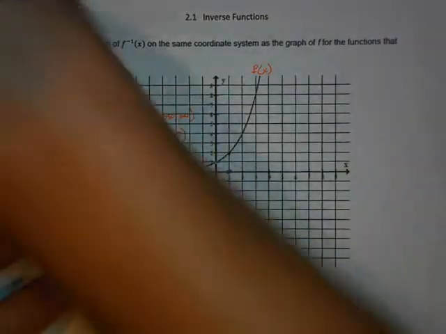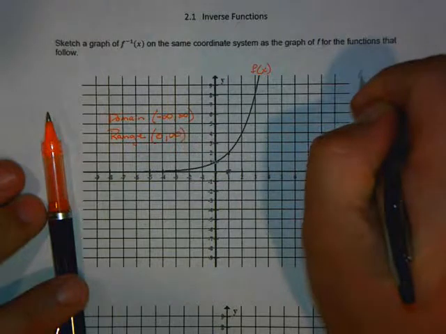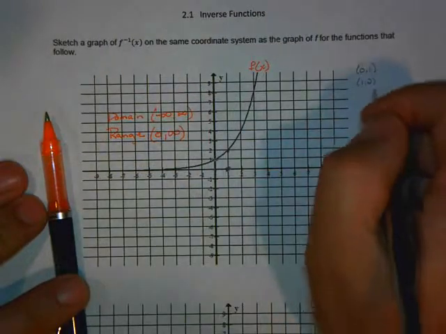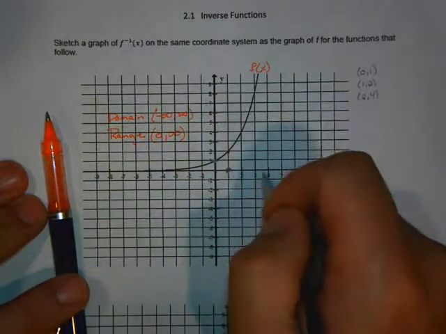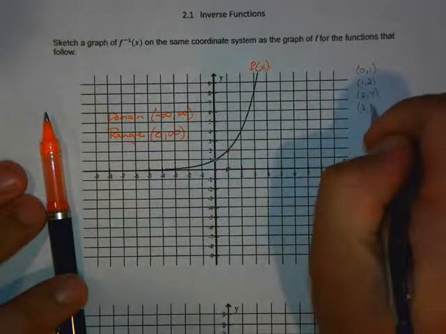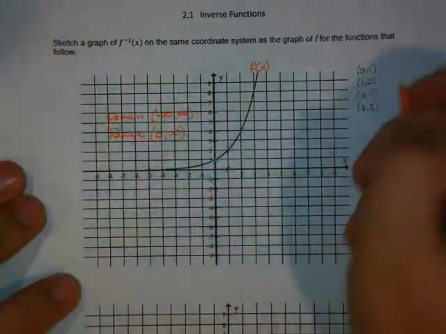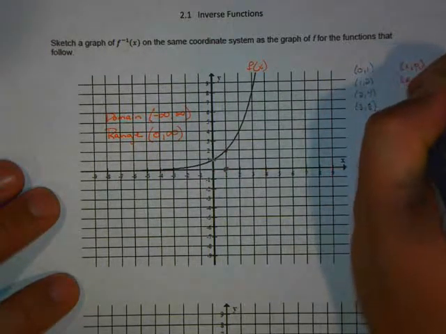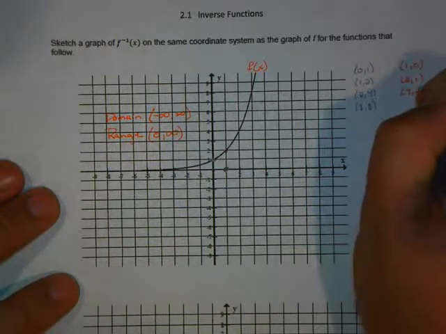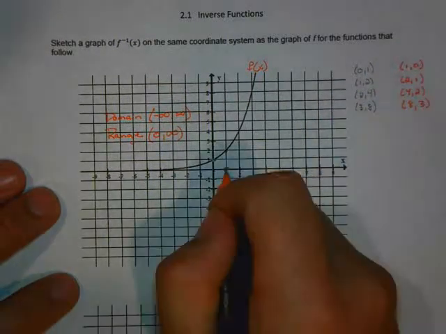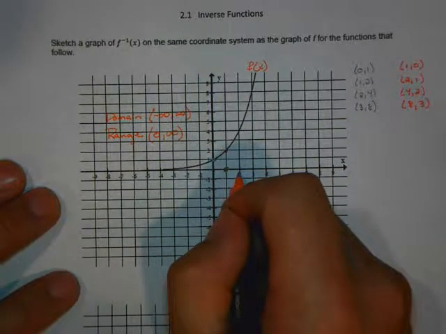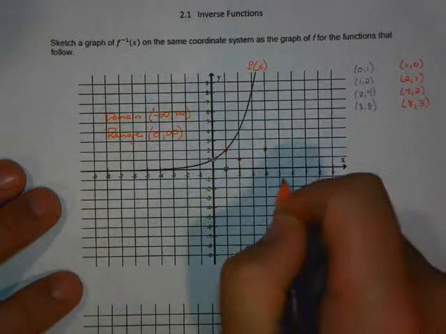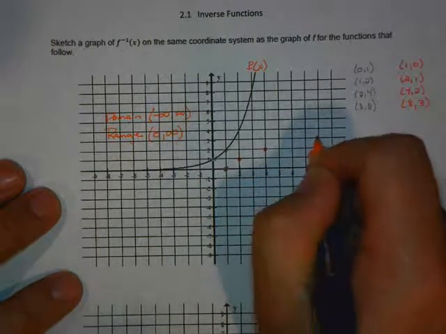So if we have these points (0, 1), (1, 2), (2, 4), (3, 8), now when I'm plotting my inverse, it's going to be (1, 0), (2, 1), (4, 2), and (8, 3).